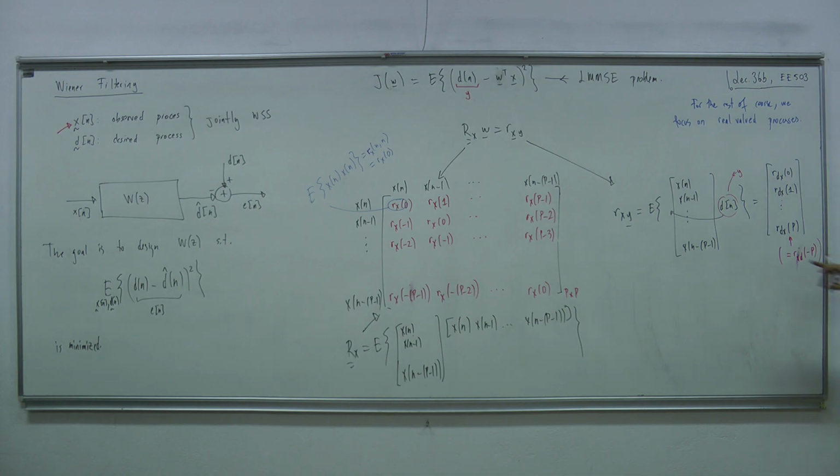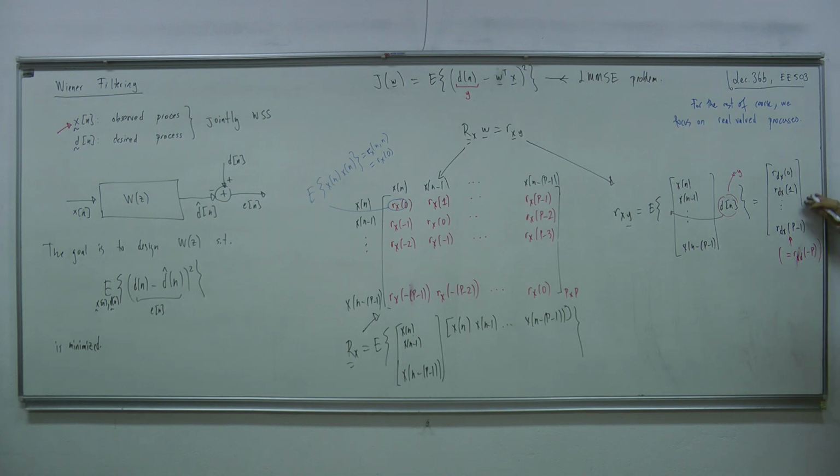If you multiply it like this, this is the first one and this is the second one. Assume that you have a conjugate over here. For the real valued case, d can be in either the first argument or the second argument, it doesn't matter. Okay, so, sorry, is this 0 to p minus 1? I made a mistake.